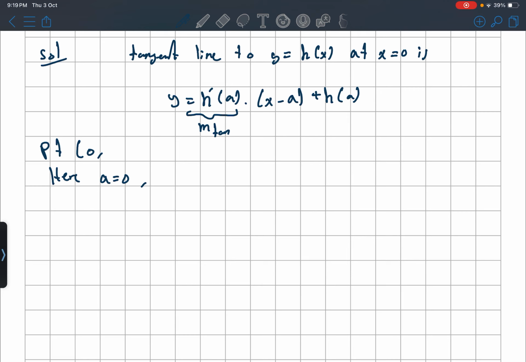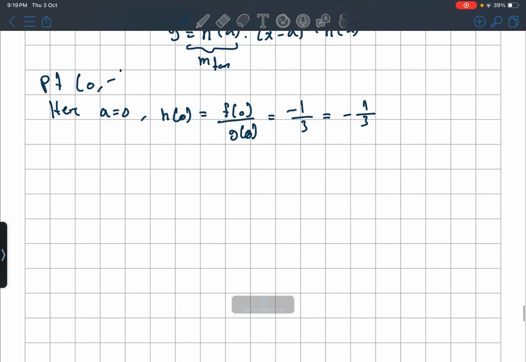You have to replace a with 0. I mean h(0) equals f(0) over g(0), so it will be minus 1 over 3. So we have here minus 1 over 3. This is the point.